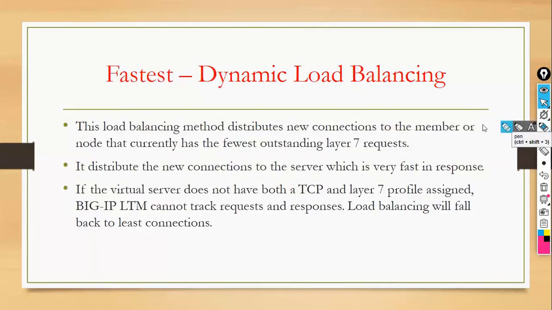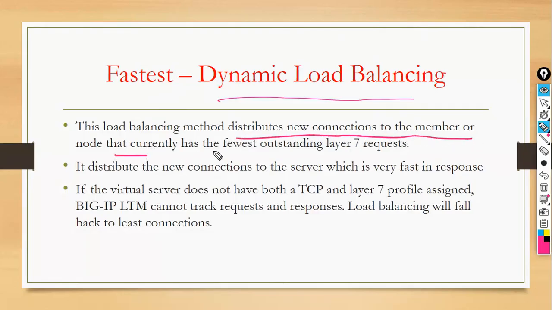So we will cover a little bit of theory, but today we will cover our practical lab also. The fastest connection also comes under dynamic load balancing, right? This load balancing method distributes new connections to the members or nodes that currently have the fewest outstanding layer 7 requests. It distributes new connections to the server which is very fast in response.